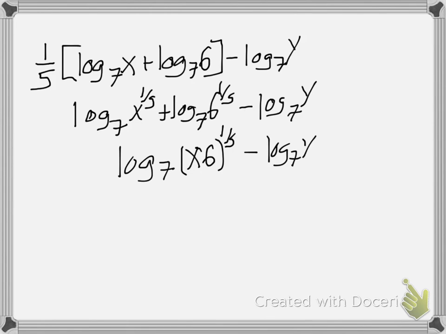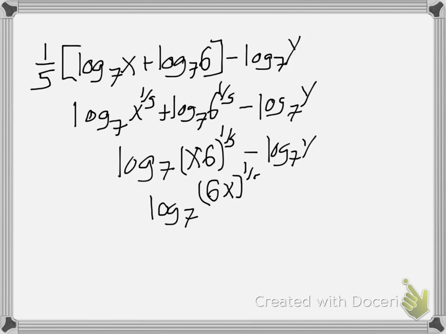Now again, the order doesn't matter here with the x and the 6. When I rewrite it, I'm going to do 6x. So now I have log base 7 minus log base 7. That means divide. So that basically just brings me down to log base 7 of 6x, the whole thing to the 1/5 power.